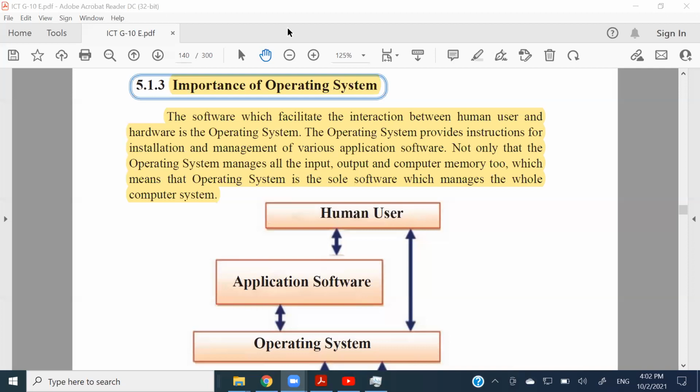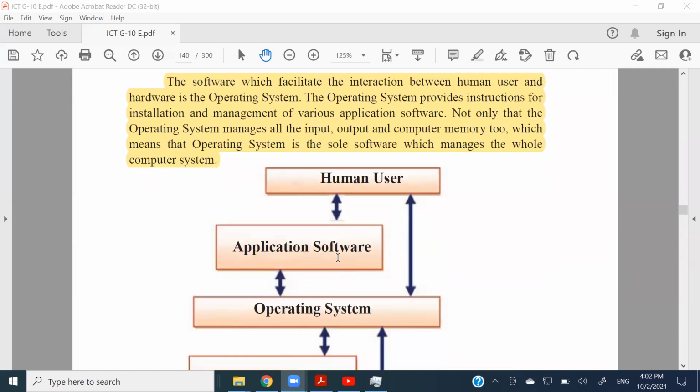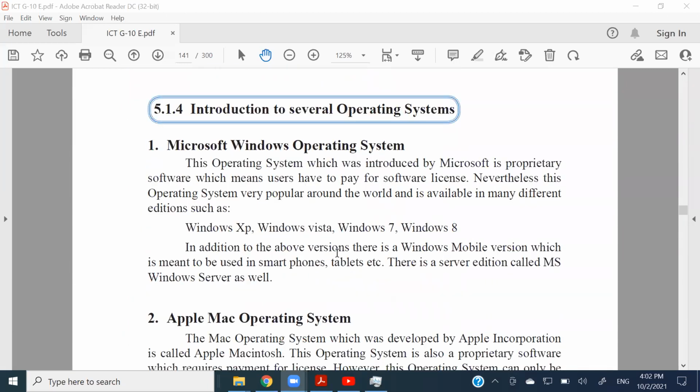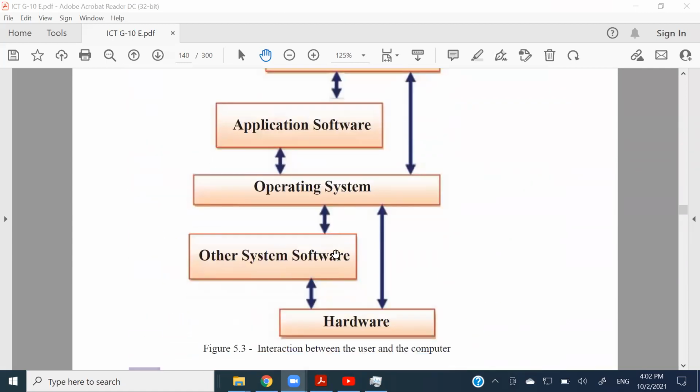Right. And meanwhile, if you're done with this particular explanation, you have to draw this particular diagram in your book, right? So let's end the session for today, right? Then we can discuss these subject matters next week.